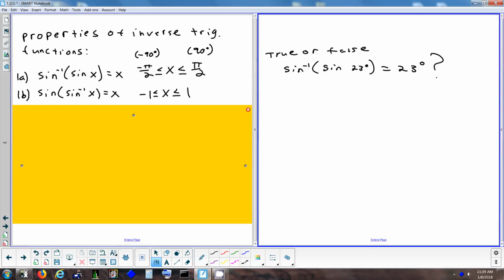That's formula 1a. In degrees, what does my angle have to be between for formula 1a to work? Negative 90 and 90. Is 23 between negative 90 and 90? Yeah. So this is true. That's the kind of question I would ask.